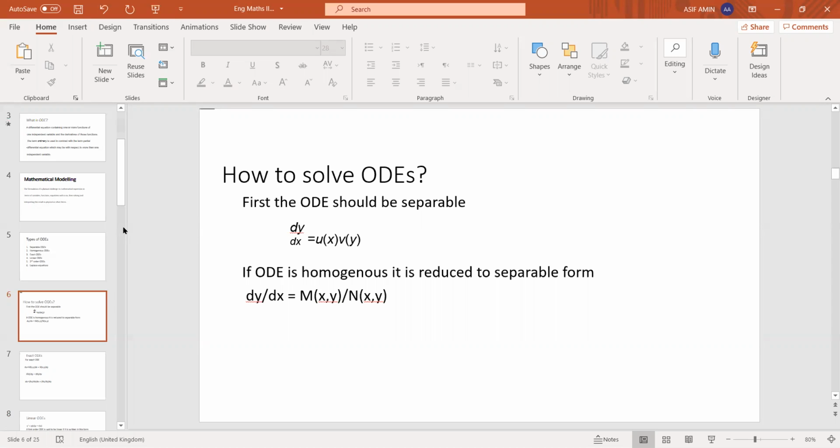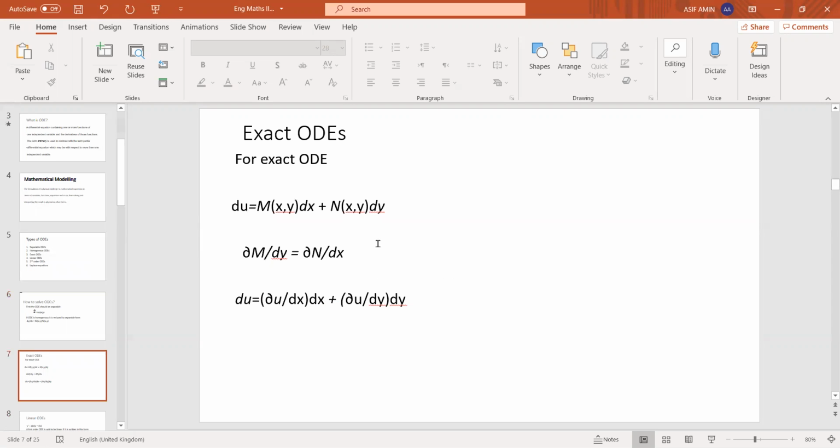Then integrating both sides, we get the solution. And if the ODE is homogeneous, it is reduced to separable form, which is dy/dx = M(x,y)/N(x,y), where M and N are functions in terms of x and y.